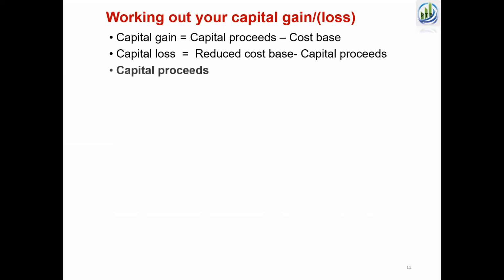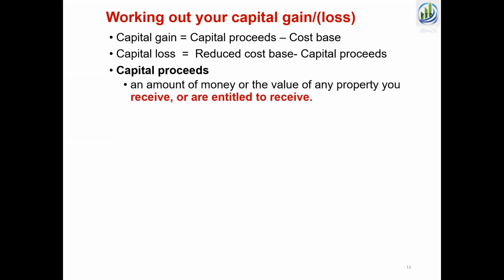Now we should understand what the capital proceeds are. We talked about it very clearly: the money you received or are entitled to receive. A couple of slides before, we talked about the Juliet and Romeo case, like a gift, that's an entitlement to receive. Even if he gave it free, that doesn't matter. What is the amount of the entitlement? Market value. So that should be included as capital proceeds.